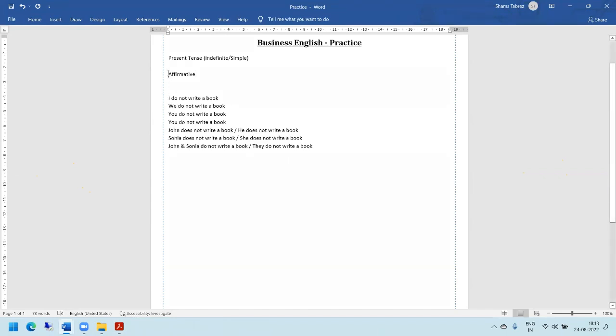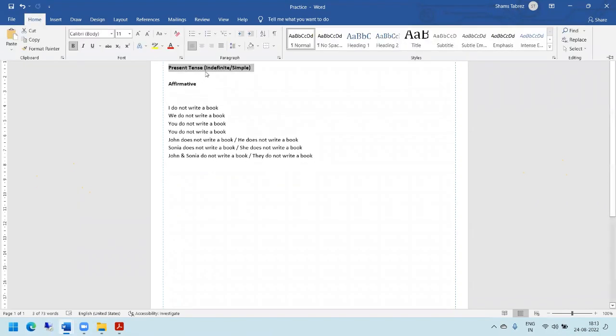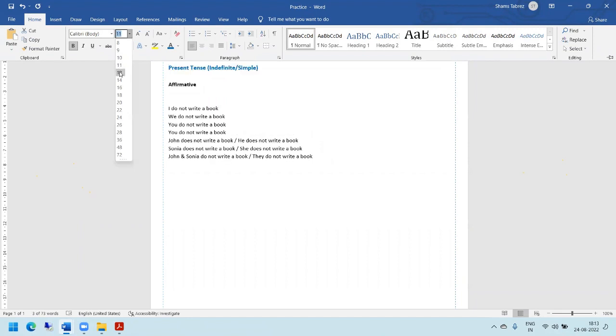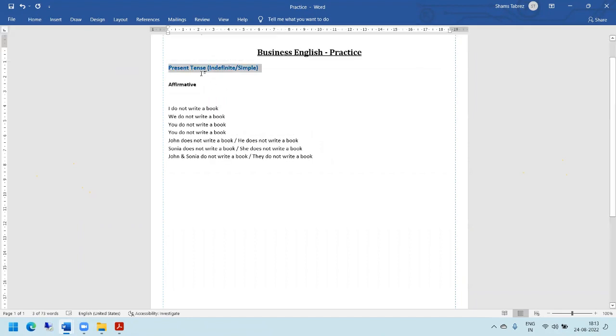So in affirmative, let me bold this one, and then just change color so that we can easily identify it, and increase the font size. So we are discussing present tense, and in present it is indefinite.